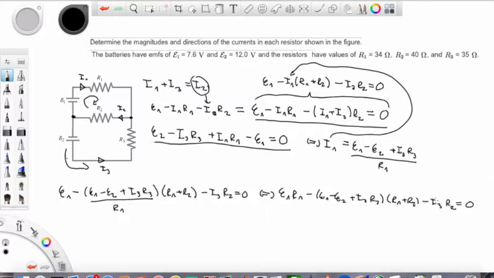Now let's collect the terms that have I3 in them so we can solve for I3 eventually.